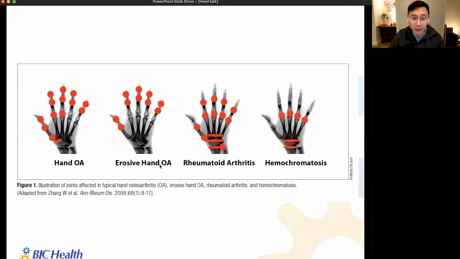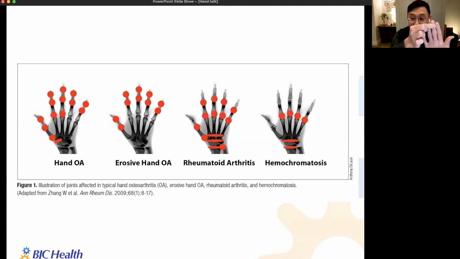And for those who have attended our previous lectures, you probably heard other speakers talk about rheumatoid arthritis being an autoimmune disease causing inflammation in the joints, and if you don't get it treated right, you get deformity and twisted fingers. Rheumatoid arthritis affects the PIP and MCP, and often not the DIP.